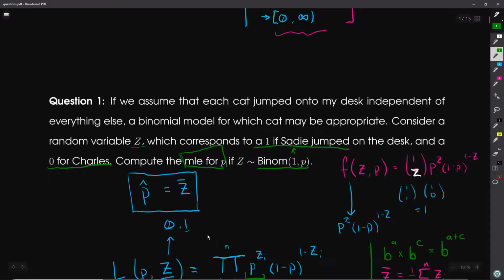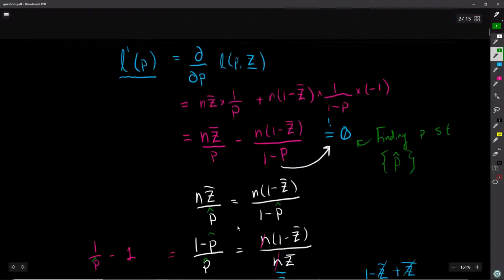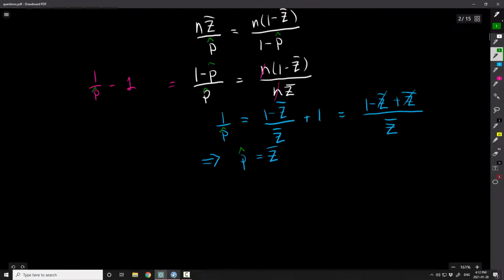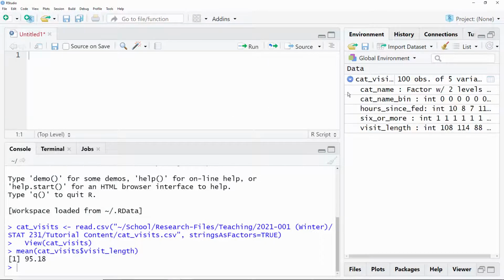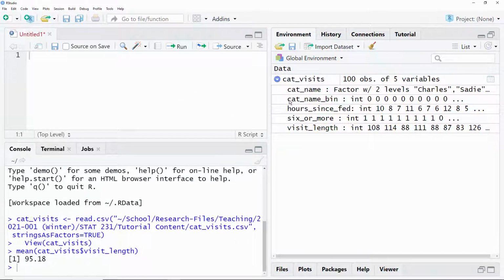In order to actually compute that for our data set, I can open up RStudio here, and the variable that we care about, if I have my cat visits over here, I define this cat name bin variable. That should be available on the cat visits data frame for you. And that cat name bin is exactly what we defined z to be.